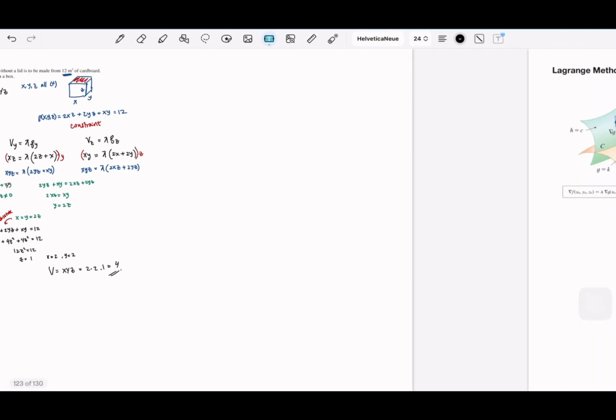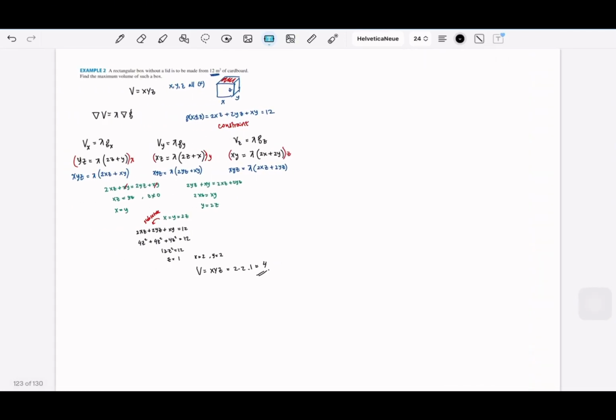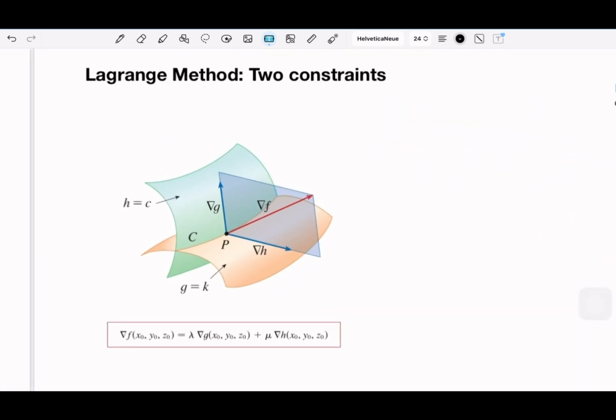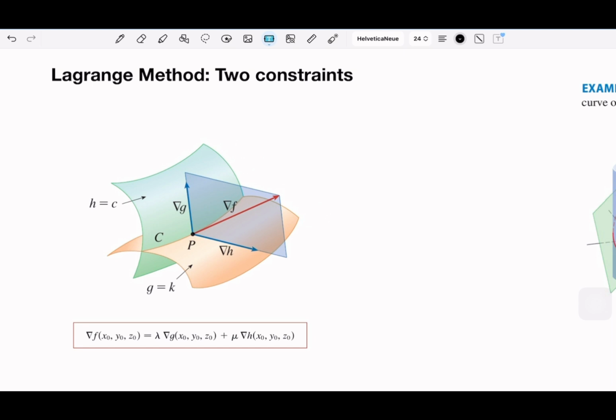Okay, so let's continue the Lagrange multipliers with another example, in which we focus on the fact that Lagrange multipliers can also be used for two constraints. This means you have f, which is your surface function, and there will be two other functions or equations, g and h, which will be your constraints.